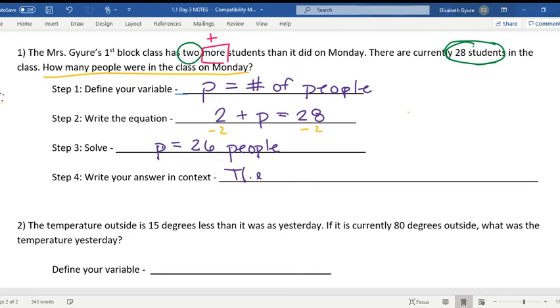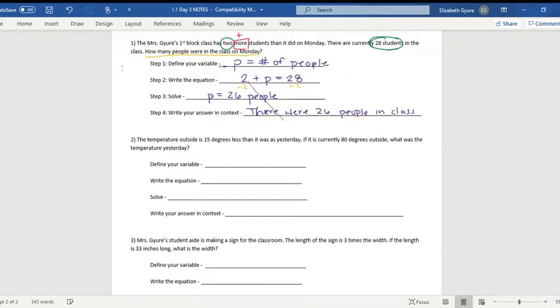Oh, this one's still glitching. Doesn't like me. So there were 26 people in class on, oh, whoa, sorry.